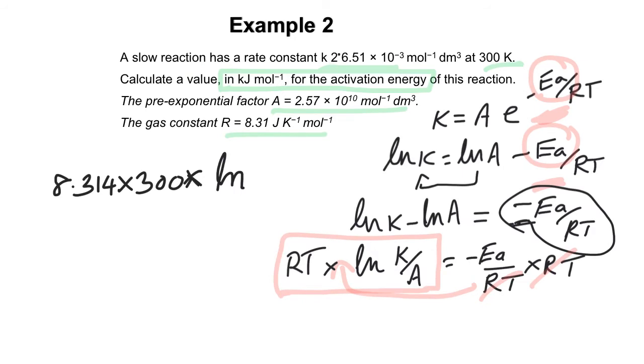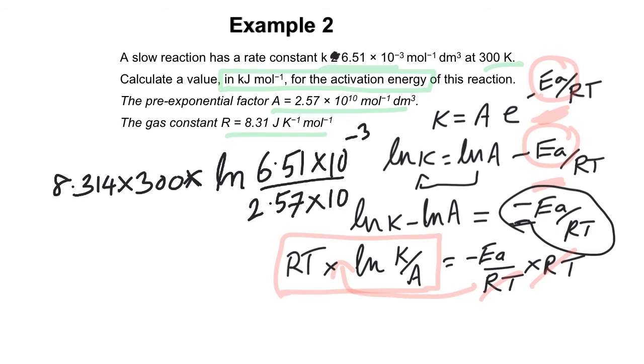There is a typo here, there's no 2 here, so k is just 6.51, so I'm going to use that value here: 6.51 times 10 power minus 3 divided by the value for A, 2.57 times 10 power 10. That is the value to be worked out.